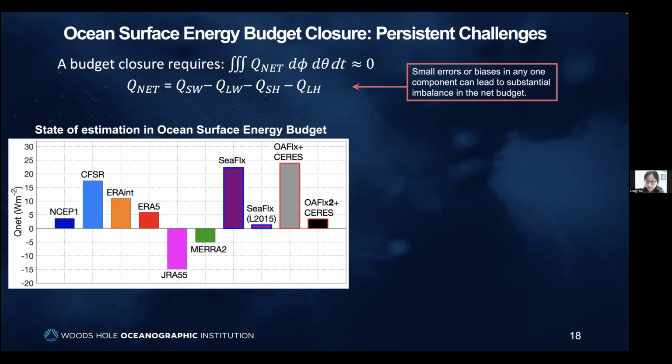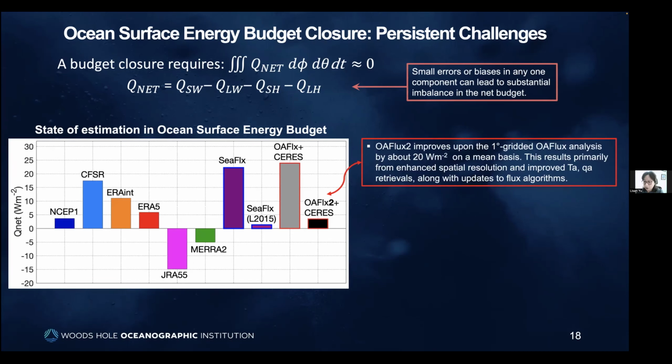However, Cflux has another version which shows a near balance of surface energy budgets over the global ocean, and our OAFlux2 is also balanced, coming to about 5 watts per square meter. This comparison, except for the flux, is taken from the website, and for other products, you take the 10 years between 2001 and 2010.